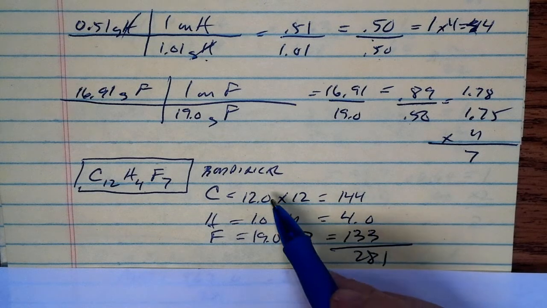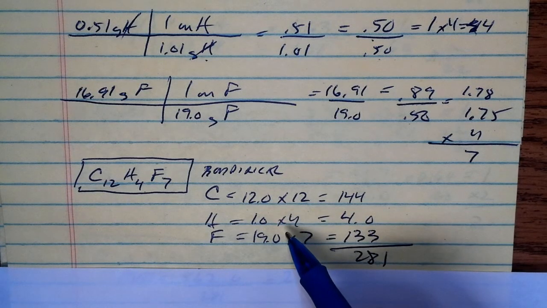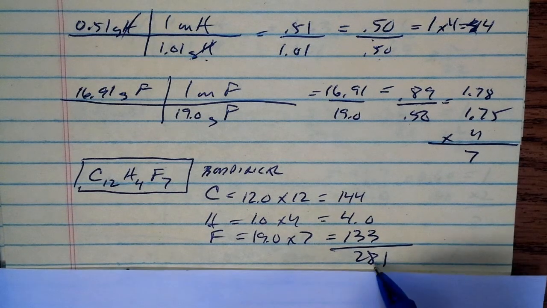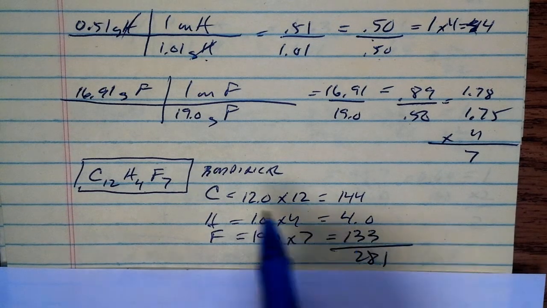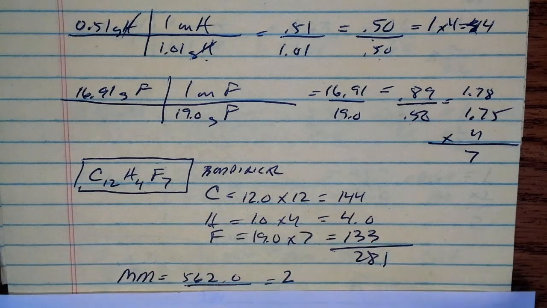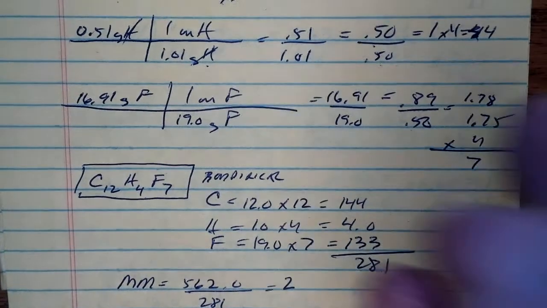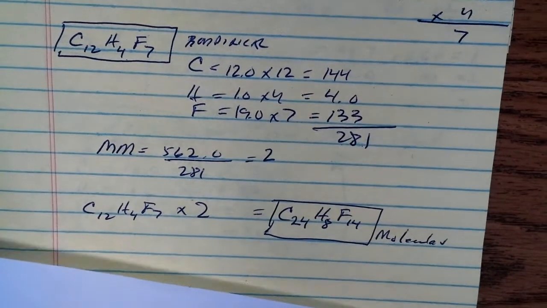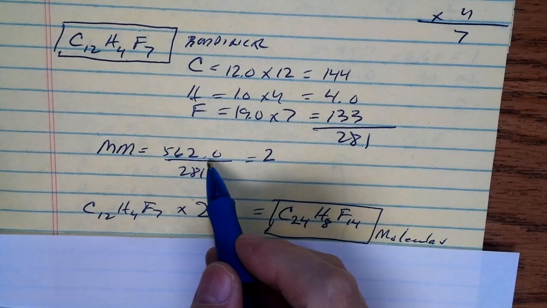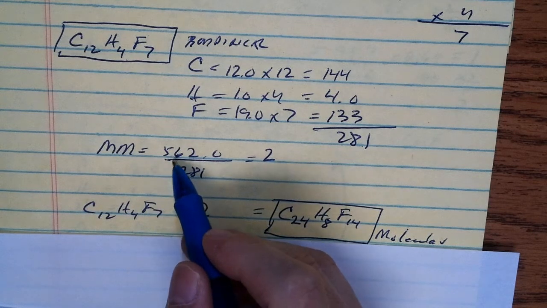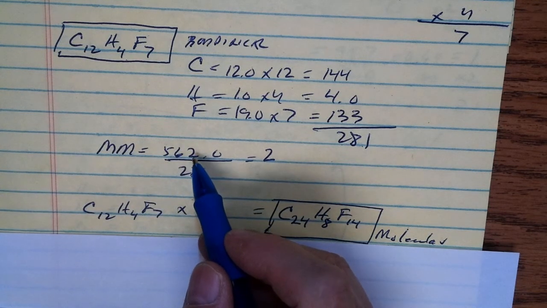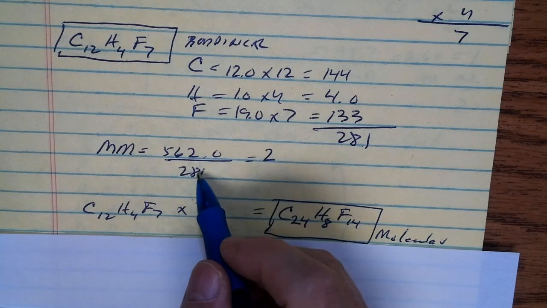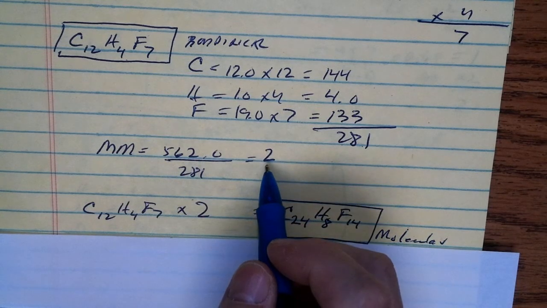I didn't round to the hundredth here because we already have our empirical formula, and that's the molar mass of this compound. We were given 562.0 as the molar mass of our compound, so we want to know what the molecular formula is. We divide 281 into 562 and we get 2.